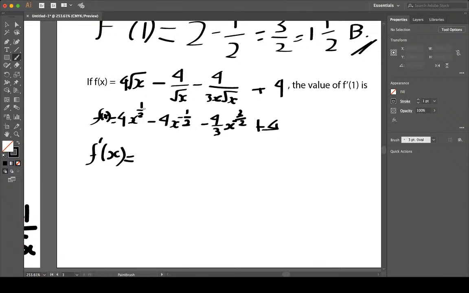4 to the power of half, 4 times half, that's 2, times x to the power of half minus 1, that's negative half. Second part, minus 4 times minus half, that will be plus 2, x to the power of negative 3 over 2, minus 1, sorry. And then next one, minus 4 over 3 multiplied by minus 3 over 2, that will be another 2, x to the power of negative 5 over 2.